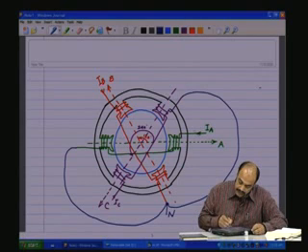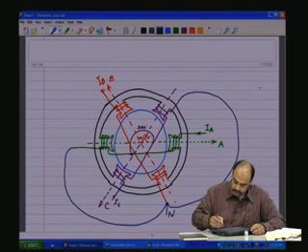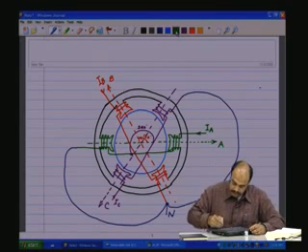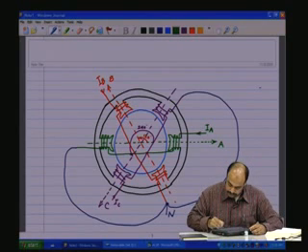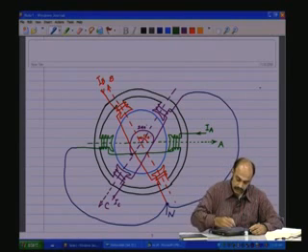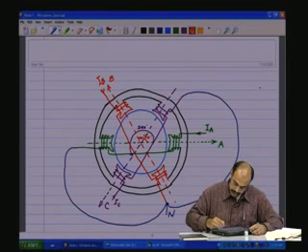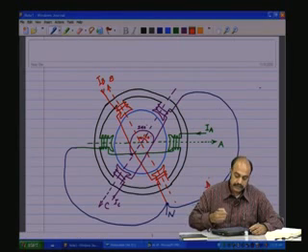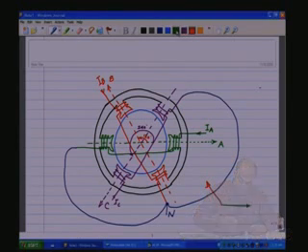So as the current flows here, we have an A phase flux in this direction, we have a B phase flux in this direction, and we have a C phase flux in this direction, with the amplitudes changing according to the instants of time.